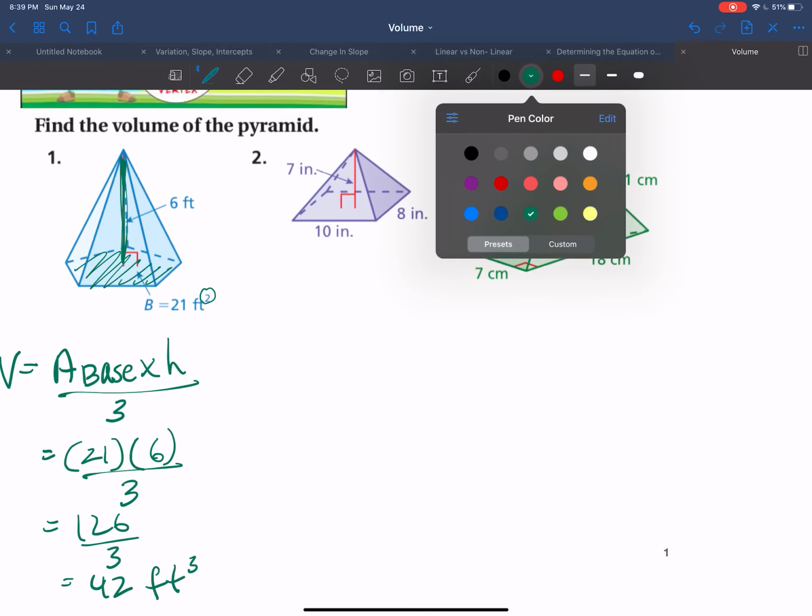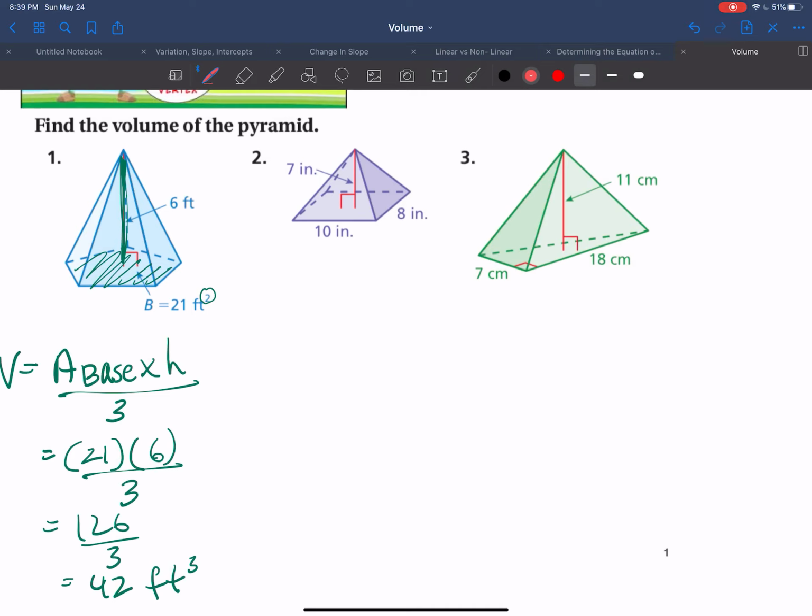Number 3. Here the area of the base is a triangle. So we're not given that. For number 2 and 3, we're not given the area of the base, so we've got to figure it out.